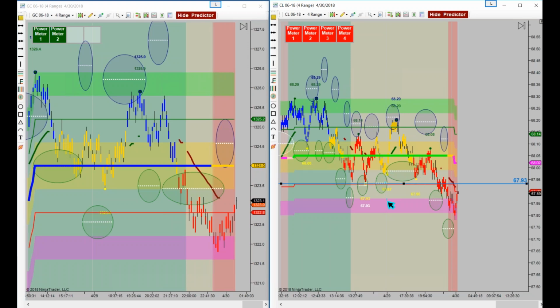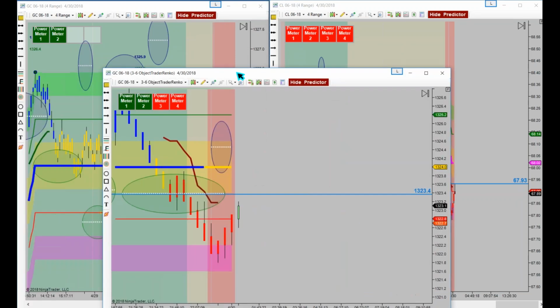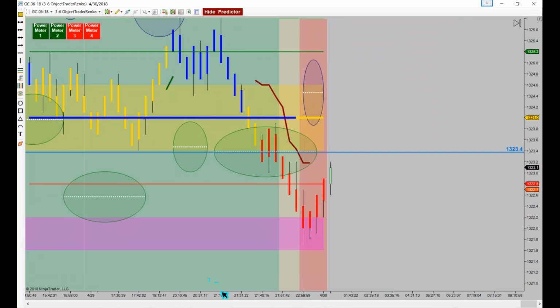Okay? Now what you can do, if you would like, would be to use a little bit larger bar and use the Object Traders bar close auto, to give an example. Let me show you what I'm talking about here. Here's gold right here on a little bit larger chart.